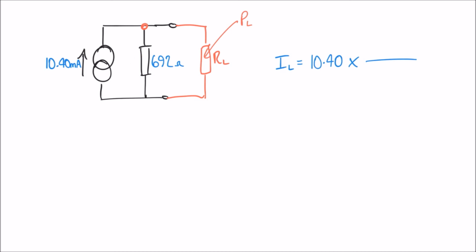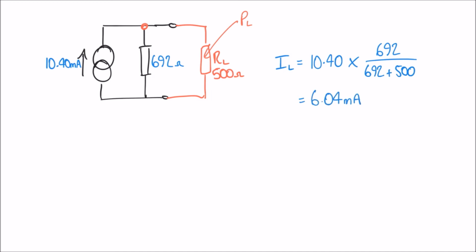So the 692 goes on the top of my fraction, and let's say that this load resistor is a 500 ohm resistor, so I'll mark that on my diagram, 500 ohms. So I have 692 plus 500 on the bottom of the fraction, and if I calculate that, I get an answer of 6.04 milliamps.